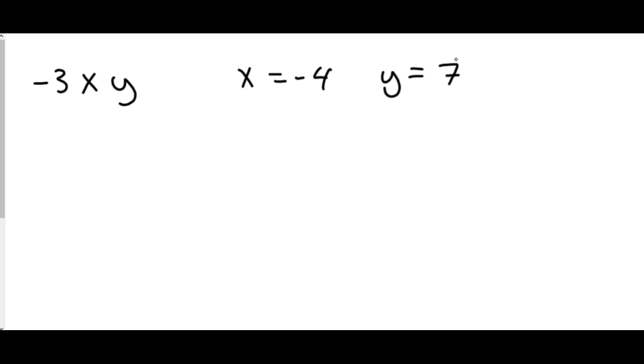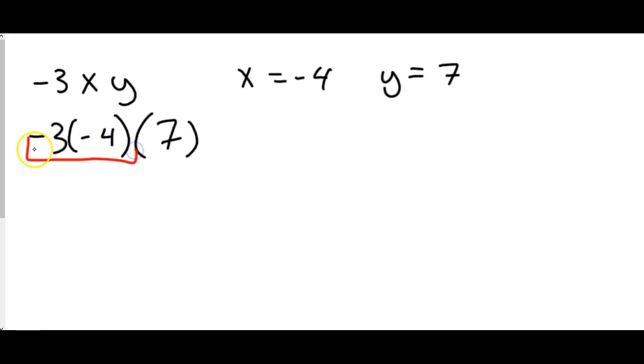So we plug in for the letter x, -4, for the letter y, 7. When we go to multiply this out, this is not distribution because there's no plus sign in between. All we have to do is group the first two. 3 times 4 is 12. Then we involve the 7. 12 times 7 is 84. So you just have to multiply in order.